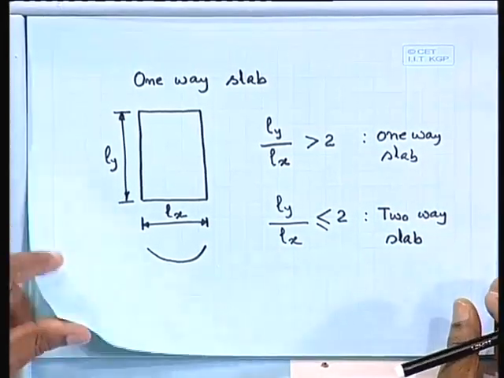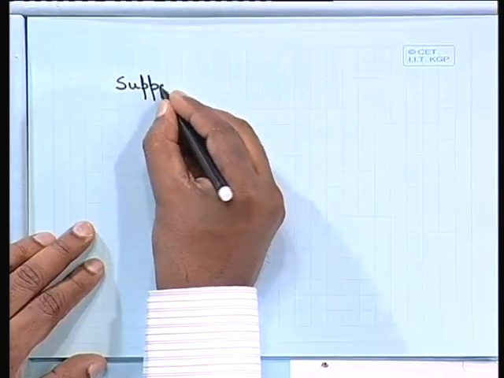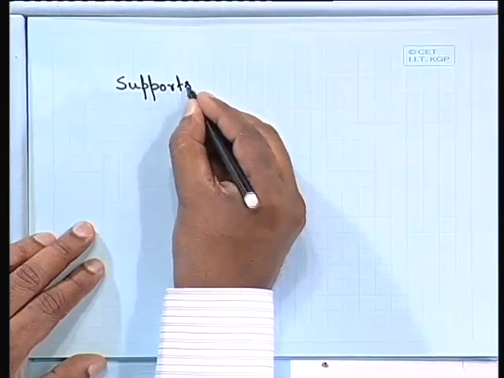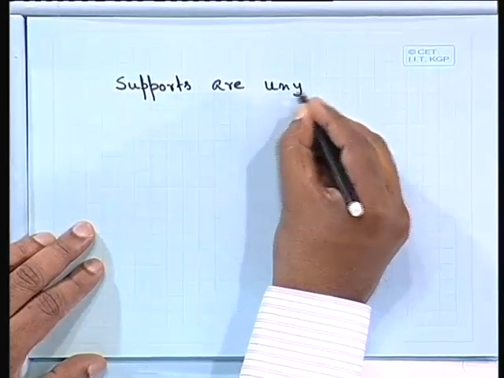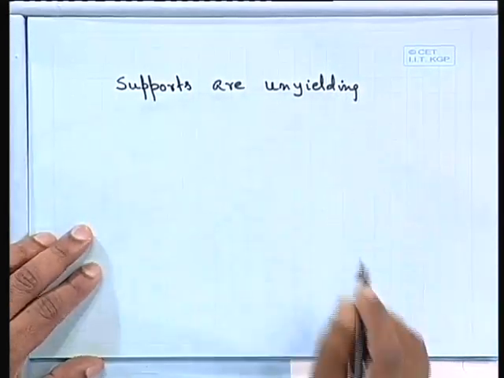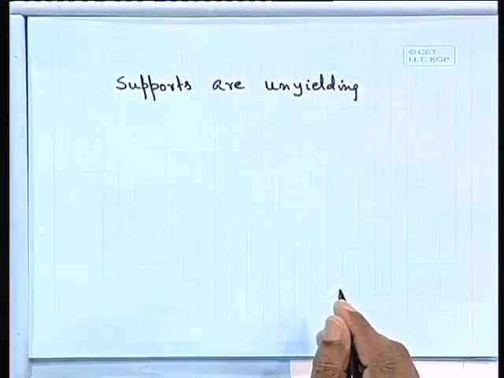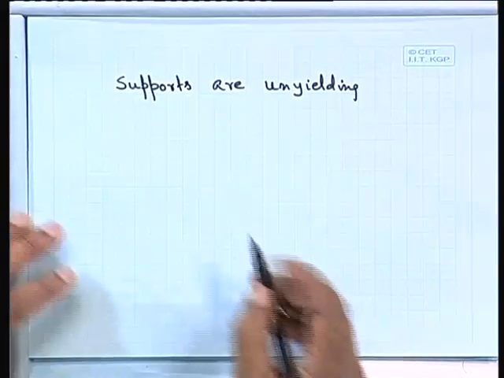There are different supports; we call them unyielding supports, that means there is no displacement or deflection of the supports.